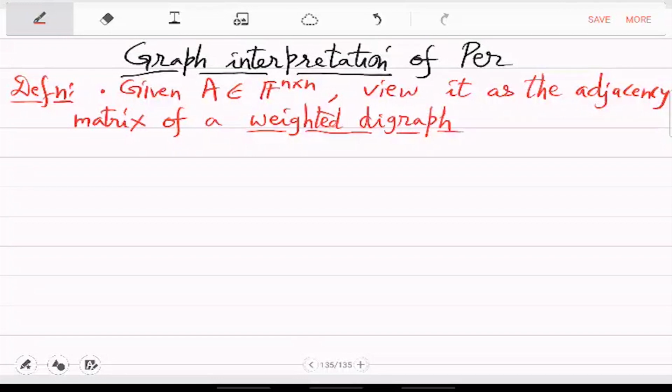Think of the matrix as an adjacency matrix of a weighted directed graph on n vertices.